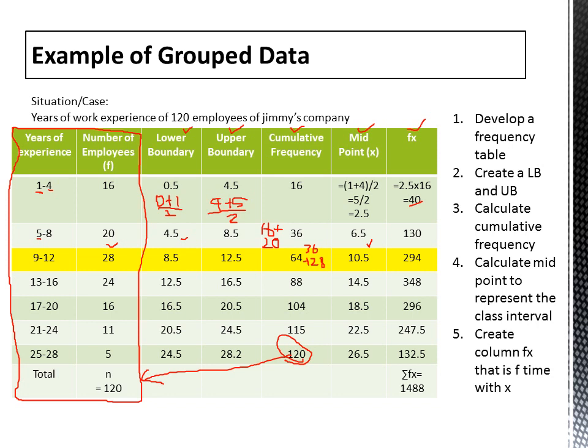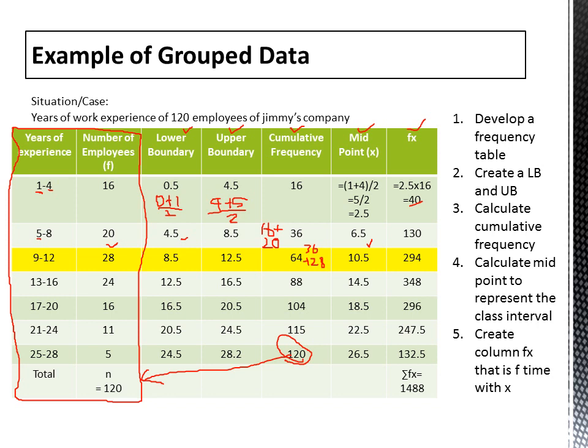The next thing that you need to do is develop columns for lower boundary and upper boundary. First we look at the lower boundary column. For the first row, you use the first interval, 1 to 4, so you use 1.